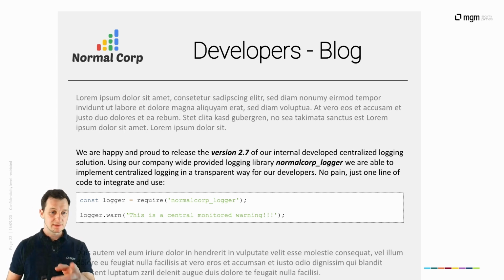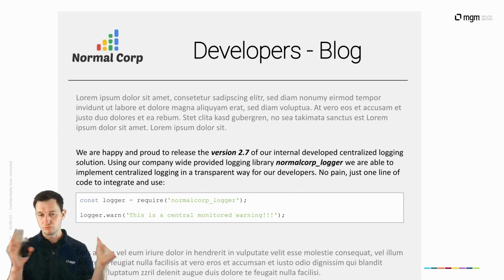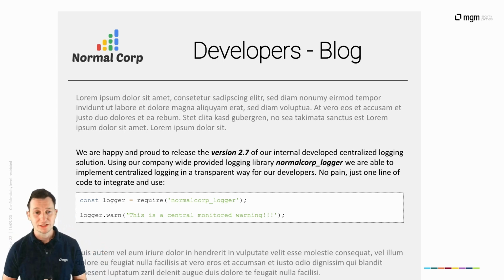And here they are announcing that they are very happy because they provide a logging library, and this logging library makes it possible for all the developers to just import this Normal Corp logger library, and all log lines are written to a centralized server, but they do not have to configure anything. They just use this library. Perfect. Okay. So why are we interested in this?